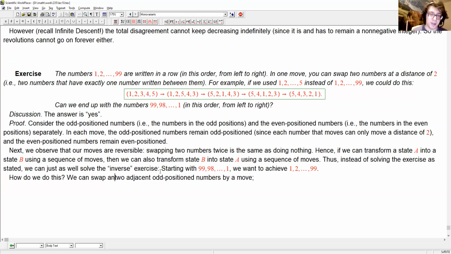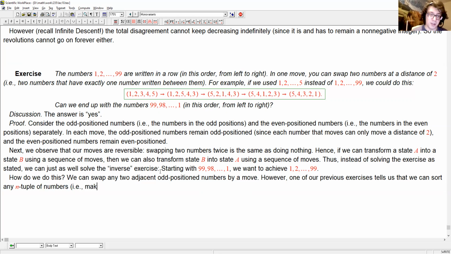So we can swap any two adjacent odd position numbers by a move. However, one of our previous exercises tells us that we can sort any n-tuple of numbers, and by sort I mean make it weakly increasing, by a sequence of swaps of adjacent entries.